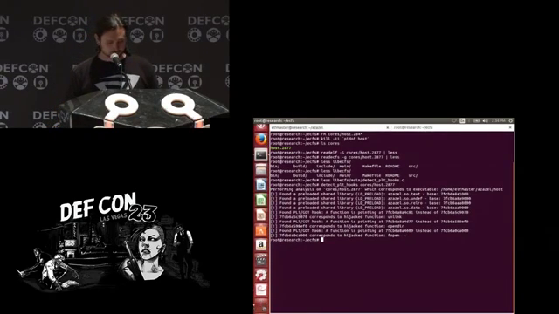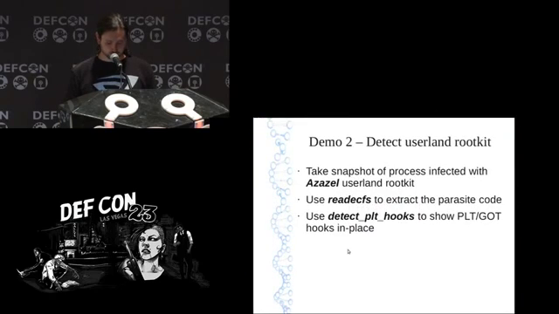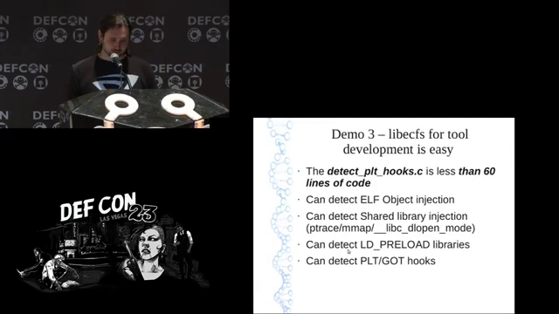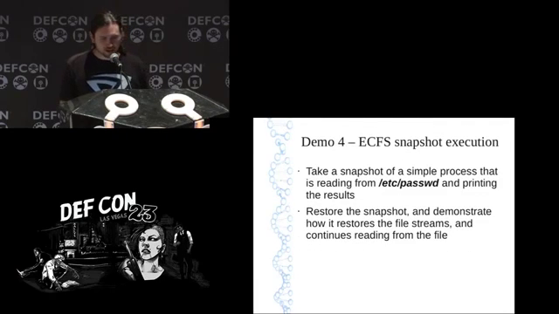So lastly here, I've already talked about libECFS, so I'm going to move forward. Snapshot execution. What I'll demo here is a simple program. We're going to snapshot a process.